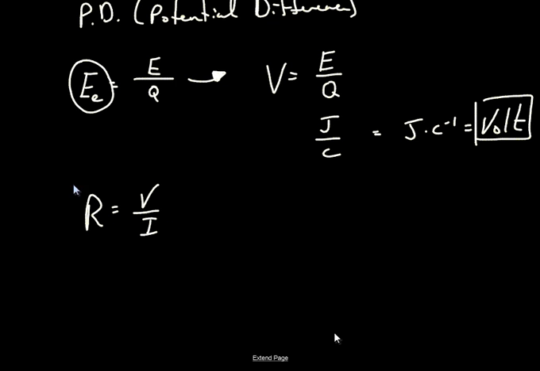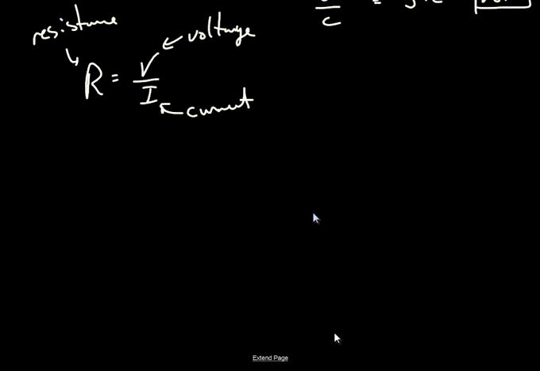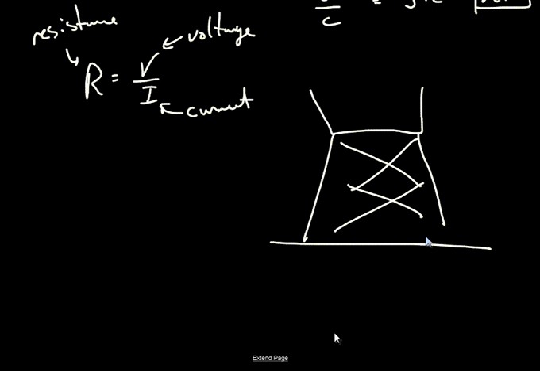So this is resistance. Essentially, it's the ratio of voltage to current. So if I have my water tower up here, and I have two pipes on it, just as a recap.